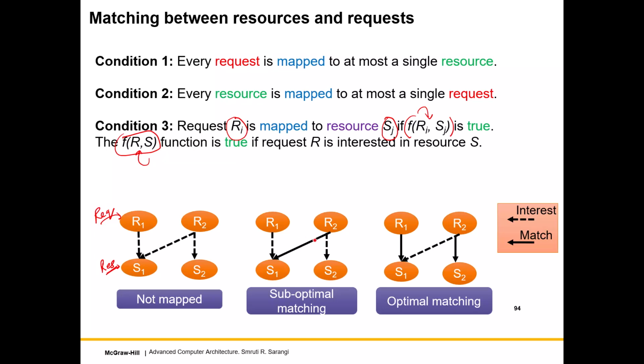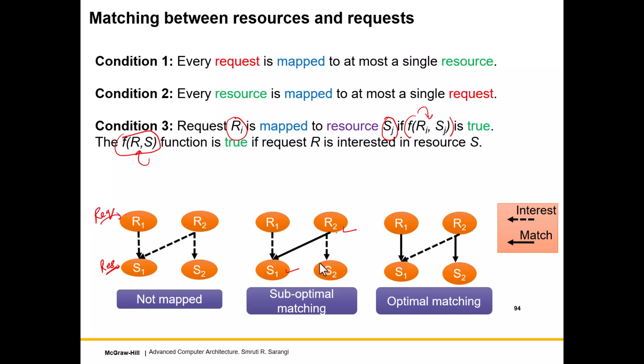We could make a matching which is suboptimal: R2 could be mapped to S1. If R2 is mapped to S1, we clearly can't do any more matches because R2 is taken and S1 is taken. R1 was interested in S1, but R1 can't get mapped to S2 because it was never interested in S2.